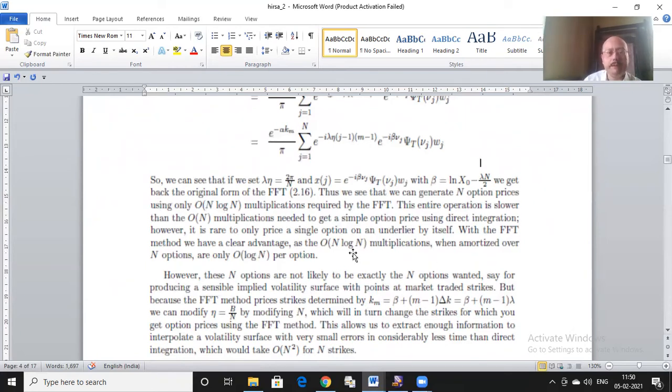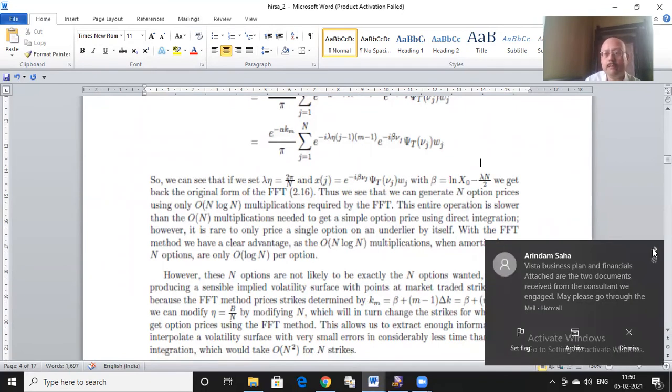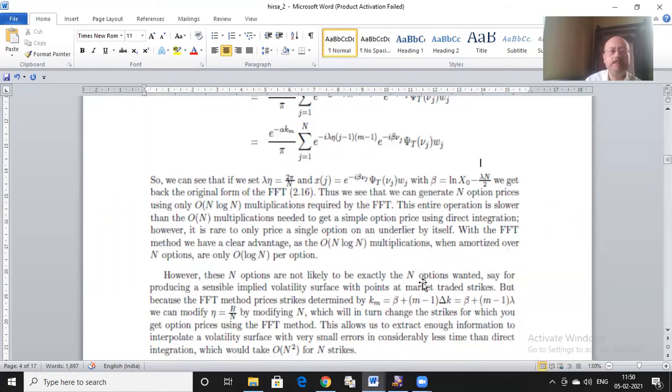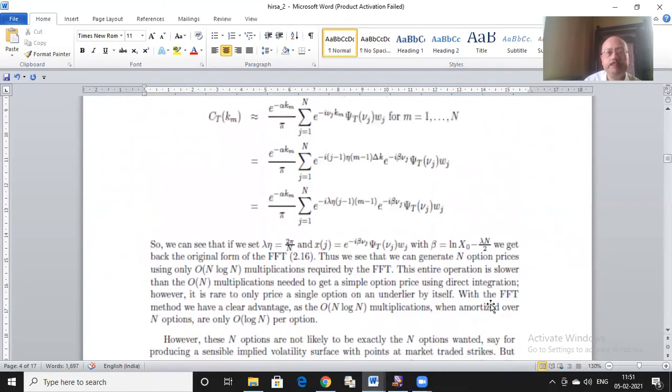So my cost is only order of log n per option. If I were doing it for only one, then it's not an advantage, because direct integration for one single strike would be order of n. But because I'm doing it for n many, my cost per option is actually only of order log n. And that's where the fast Fourier transform helps us. It is cheaper.